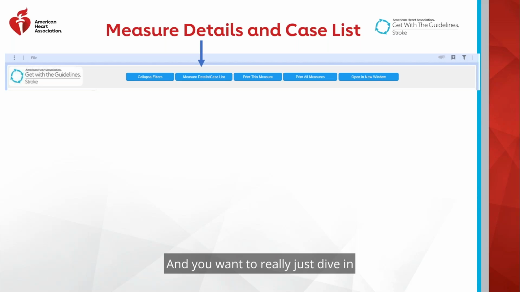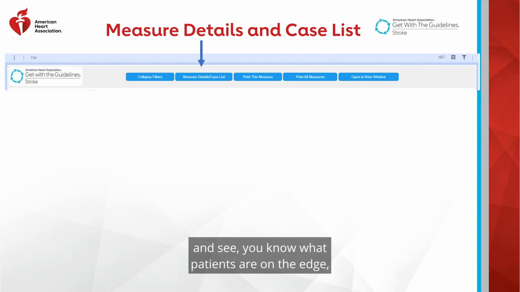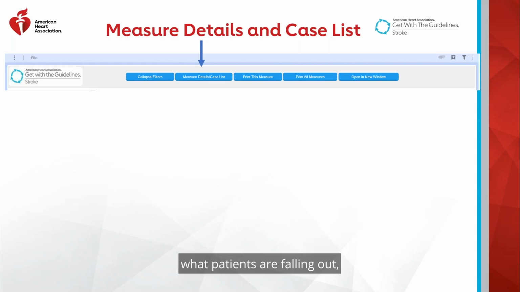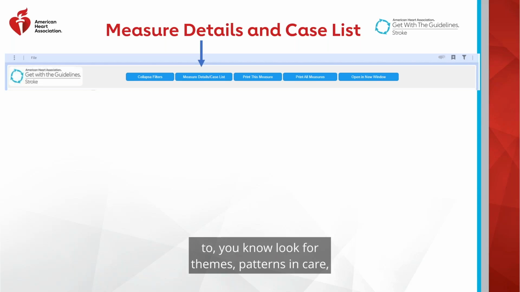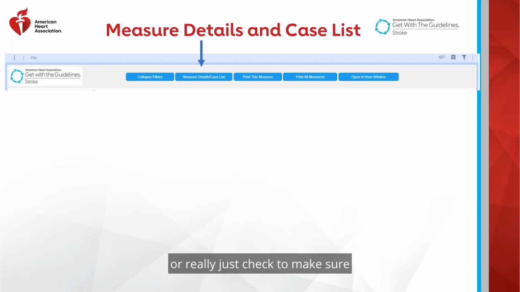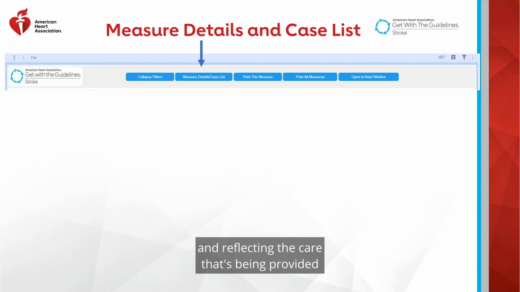And you want to dive in and see what patients are on the edge, what patients are falling out, and whether or not there's an opportunity to look for themes and patterns in care, or really just check to make sure that the data entry is correct and reflecting the care that's being provided at your hospital.